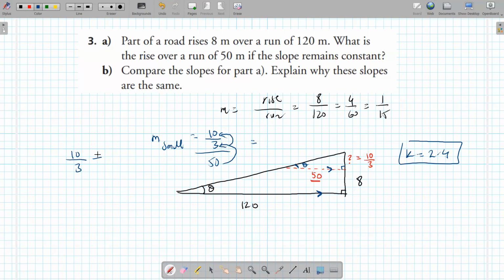Level 1. Okay, so we're doing 10 over 3 divided by 50. You can put this in a bracket, but you don't have to. We're going to do this first before we divide by 50. You'll see that when you convert this into multiplication, the 50 is going to go in the denominator, so it goes to level 2.